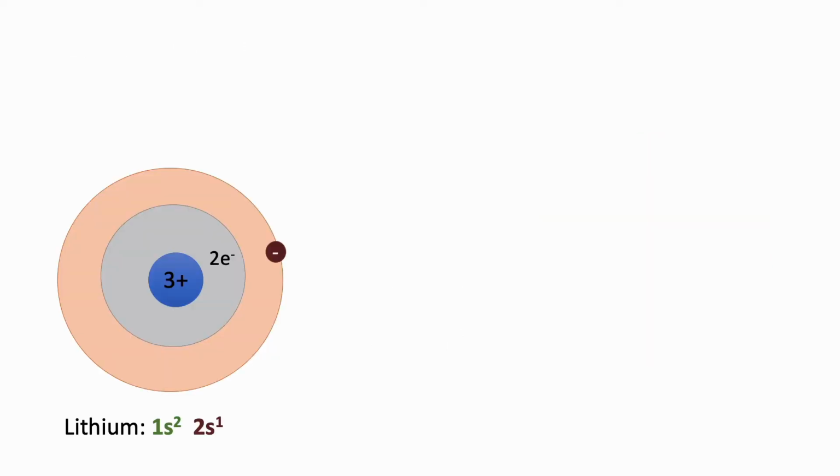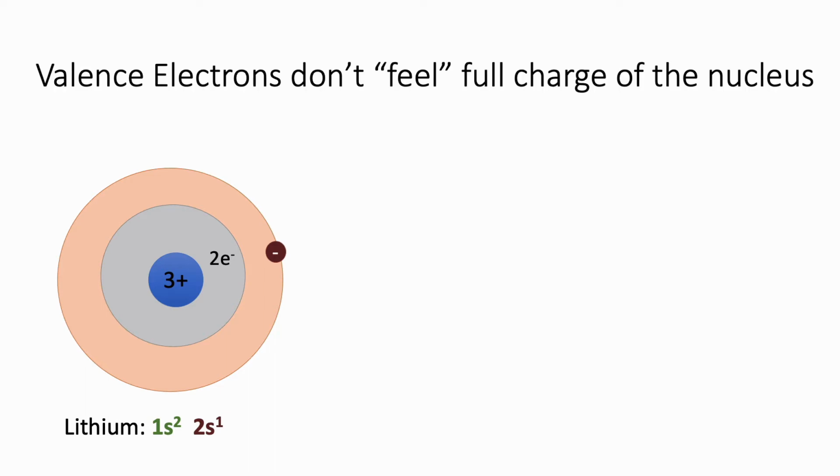So now let's talk about the charges. And we're going to look specifically at the element lithium, which has an electron configuration of 1s2, 2s1. So there's two electrons in the 1s shell, which I'm not showing here. And then there's that one valence electron, 2s1. Right now, what I'm going to do is make a statement and then I'm going to explain it.